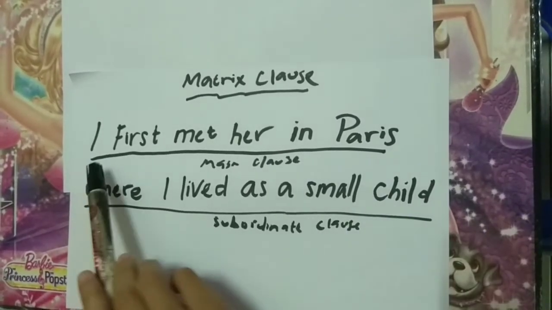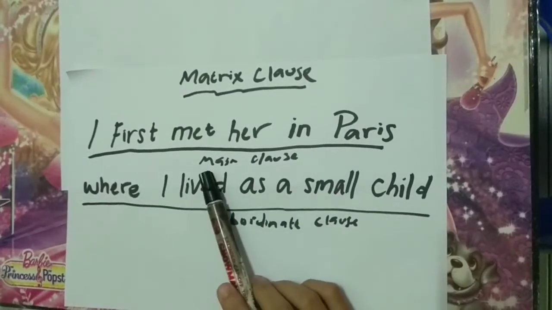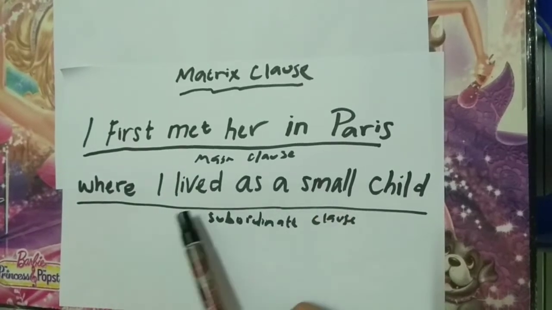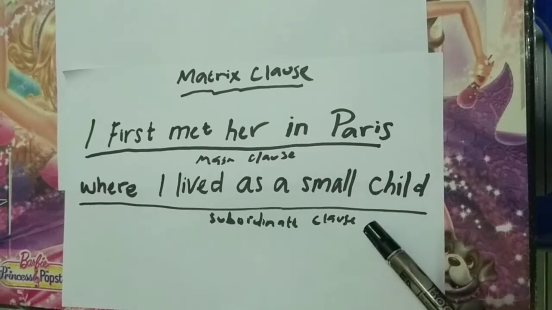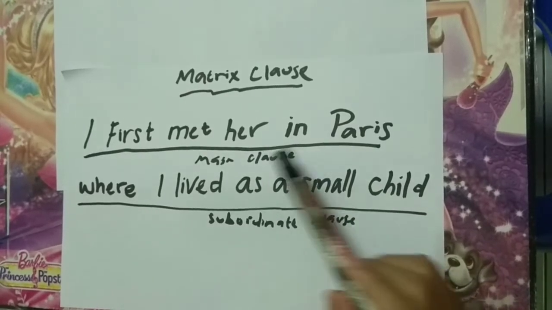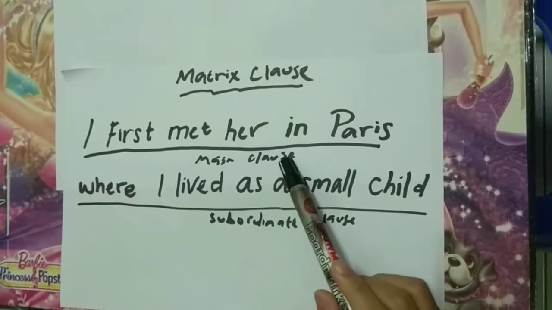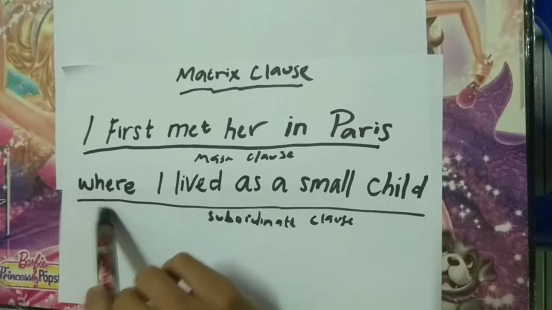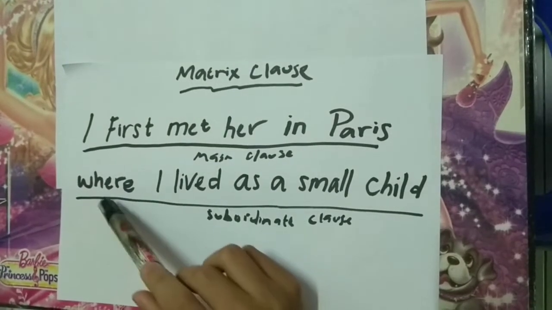We know that "I first met her in Paris" is the main clause, and "where I lived as a small child" is the subordinate clause. We know this because the subordinate clause is marked by "where".